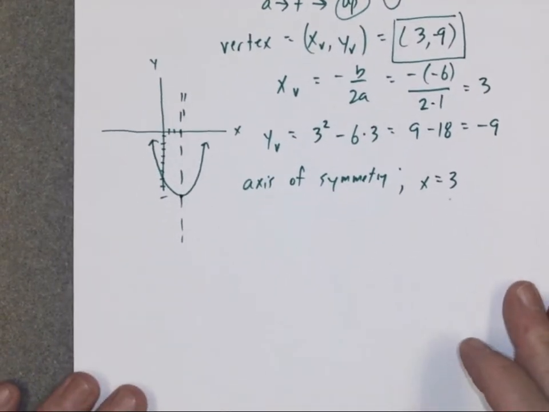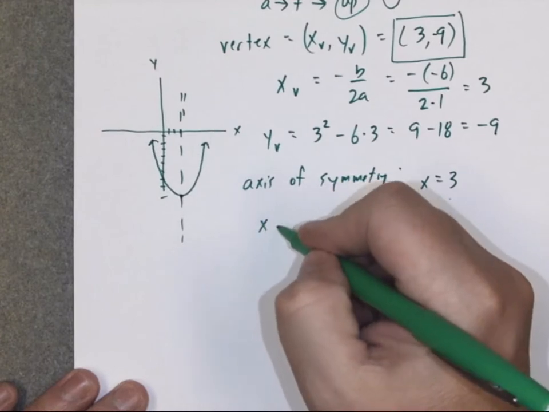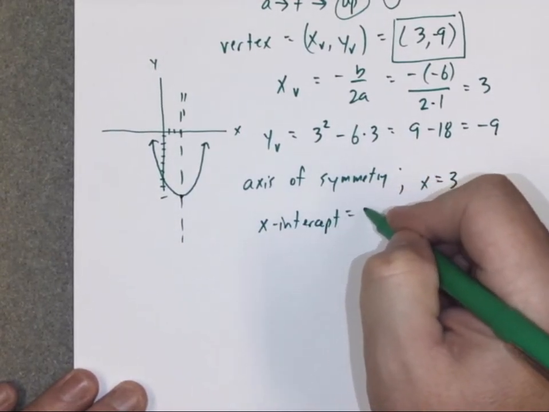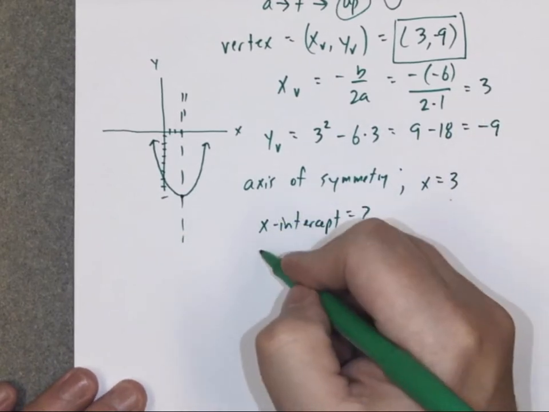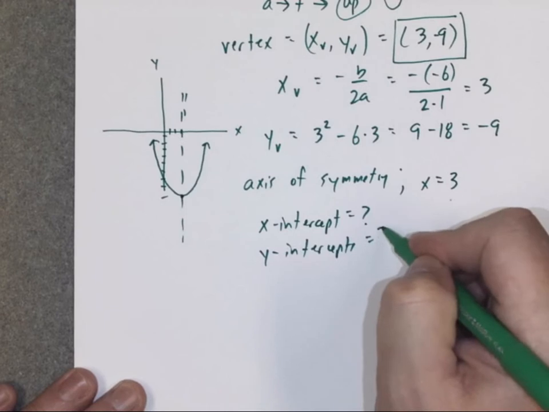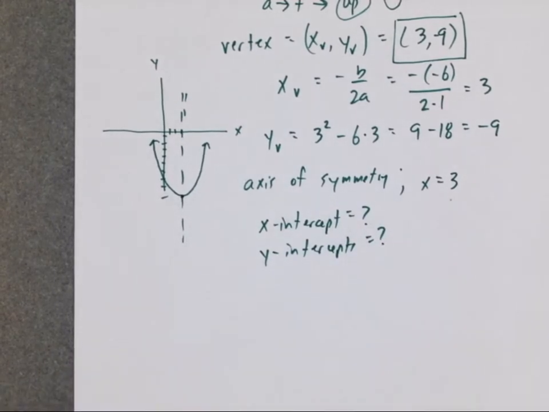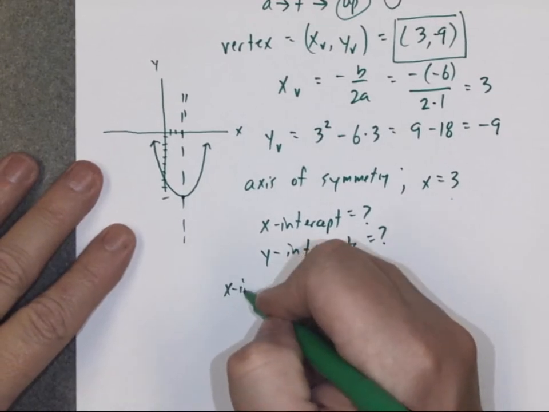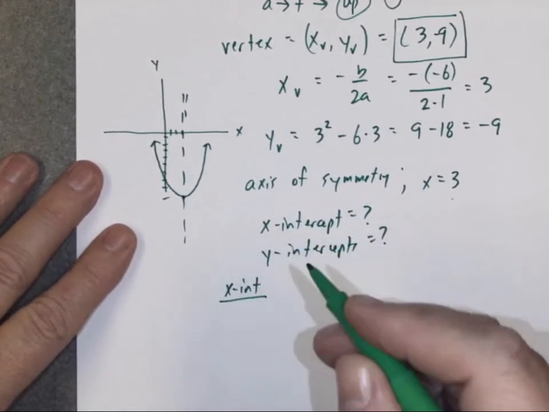Now here's something we haven't talked about. They ask for the x and y intercepts. X and y intercepts are actually very easy to calculate if you have your equation. For an x-intercept, it's just simply 2 steps.